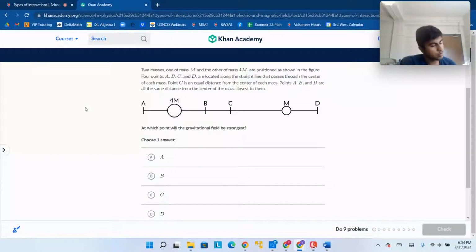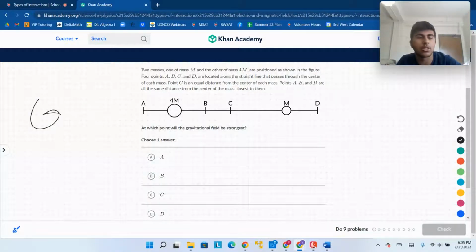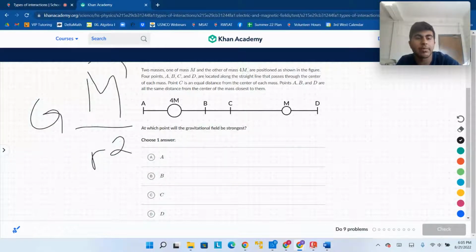So how are we going to approach this kind of problem? We can figure out, relatively, how much the gravitational field is for each one of these points. So at point A, you have a mass of 4m. The rest of the equation for a gravitational field is G times big M over r squared, and this big M is going to be this mass right here.